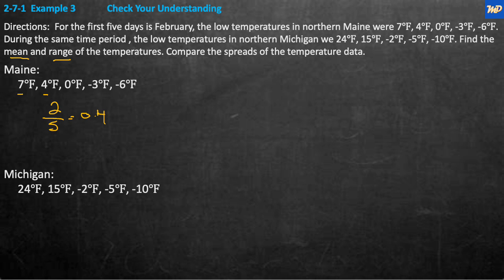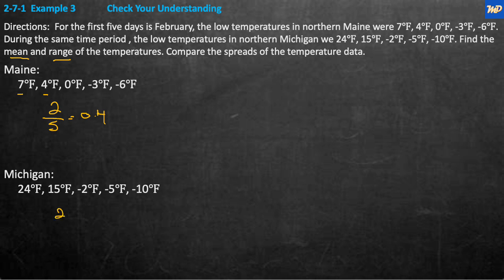Okay? Michigan, 24, 15, -2, -5, and -10. So what does that come out to? 24 plus 15 is 39. 39 minus 10 minus 7 is 22.